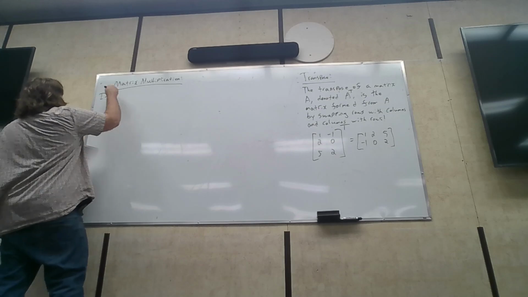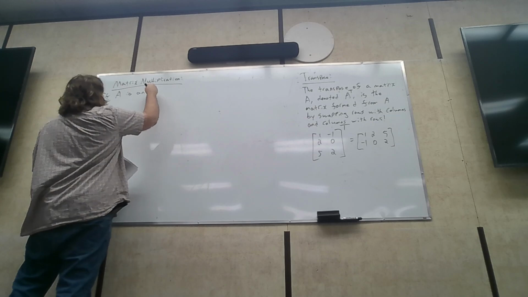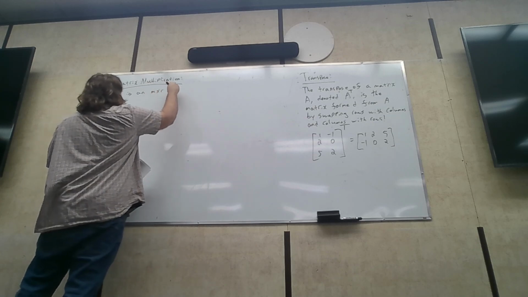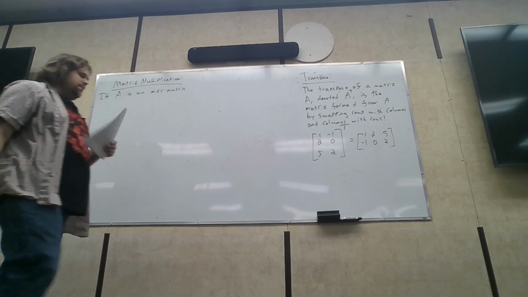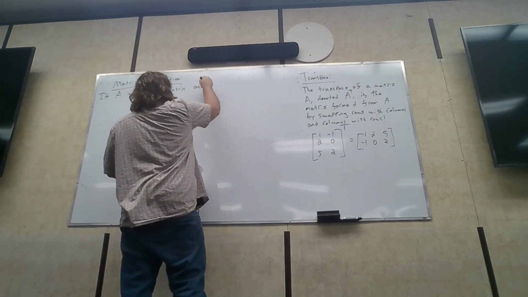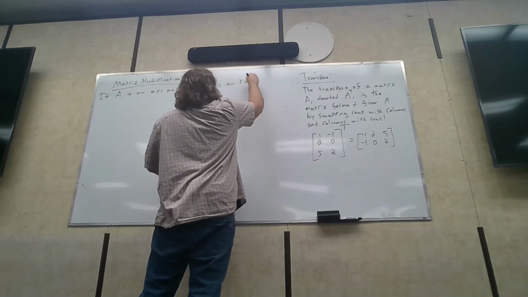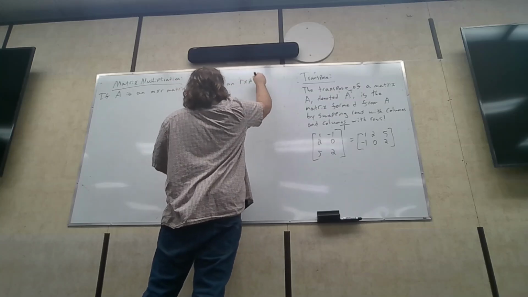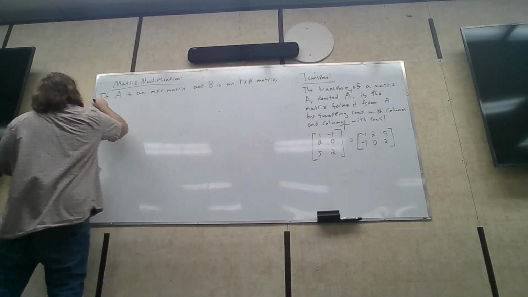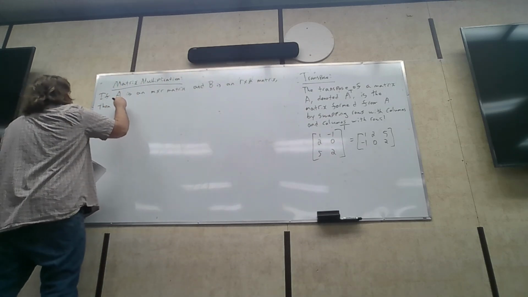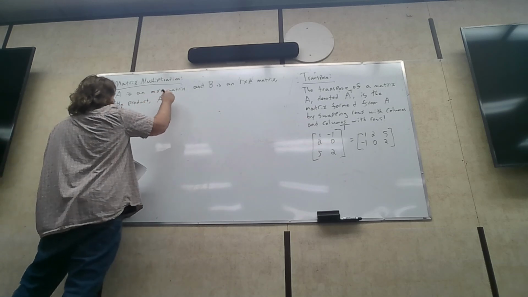So if A is an m by r matrix, and I am being very careful here with the sizes, and B is an r by n matrix, then the product, which we normally just say AB, right?